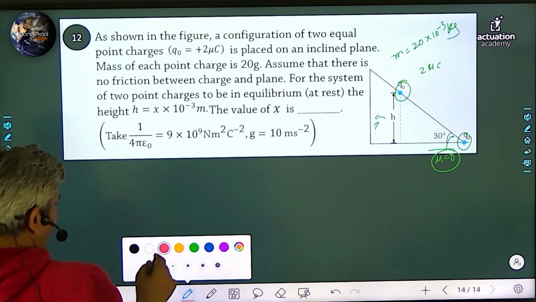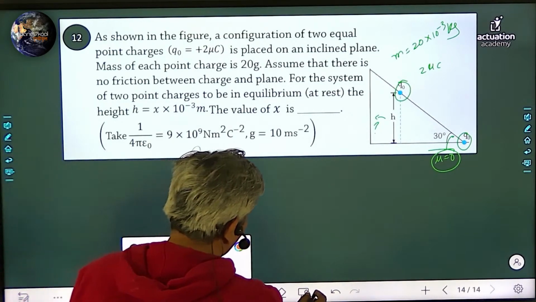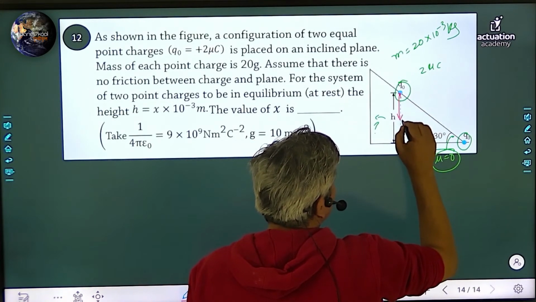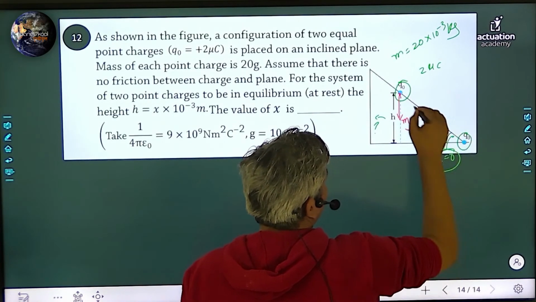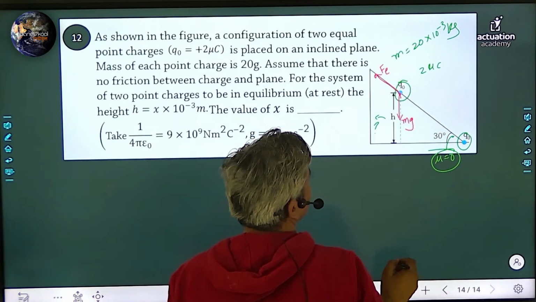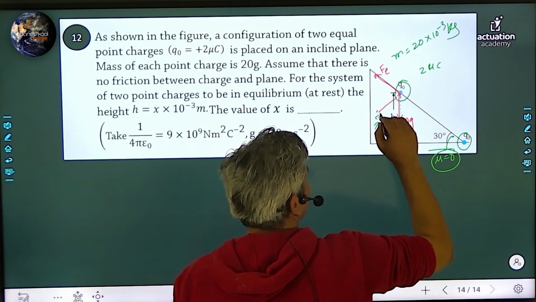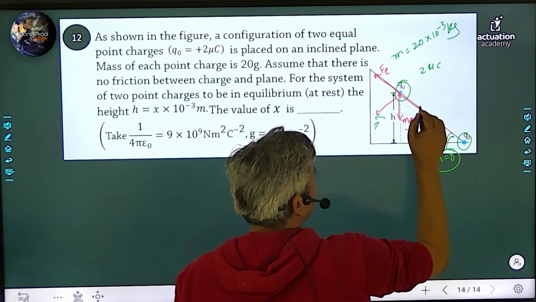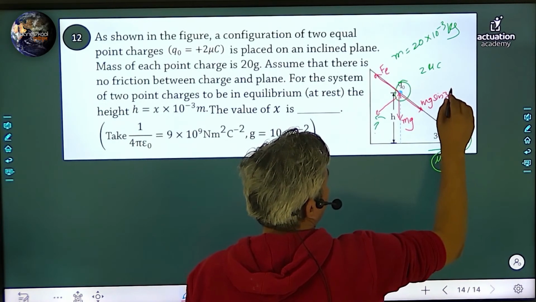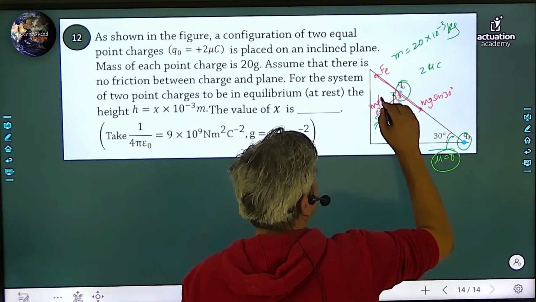If the charges are in equilibrium, this means this charge has mg here and this charge has electrostatic repulsive force here. Now mg can be broken down into two parts: this is mg sine 30 and this is mg cos 30.